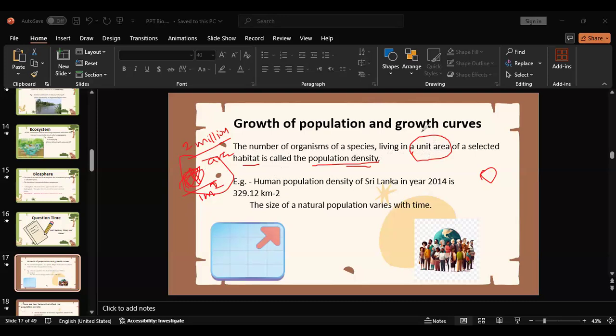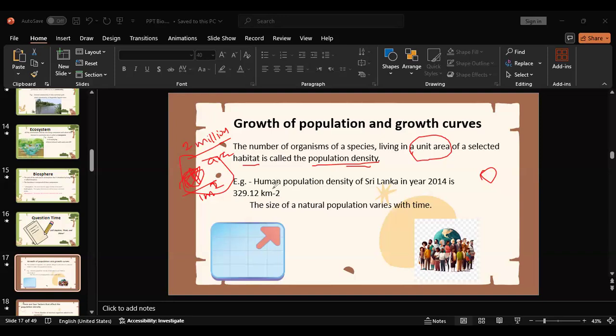Again, for example, in 2014 or 2024, whatever it is, there were around 22 million people living in Sri Lanka. When you take that value and divide it by the area of Sri Lanka, you can find the population density.